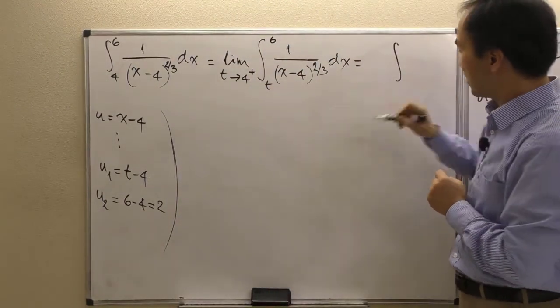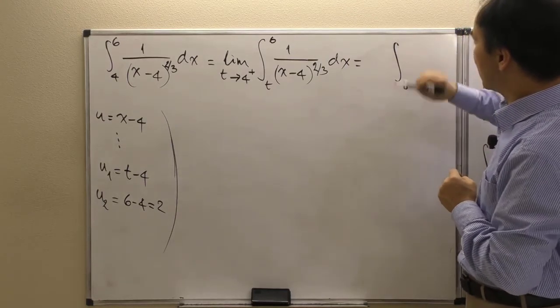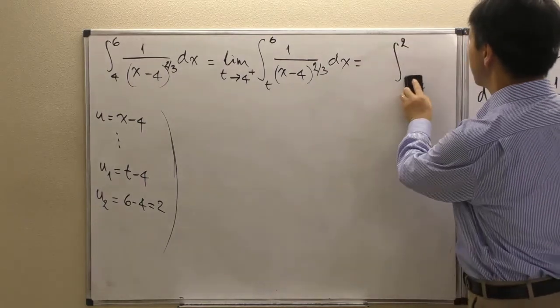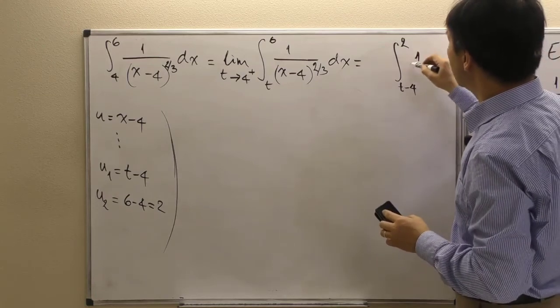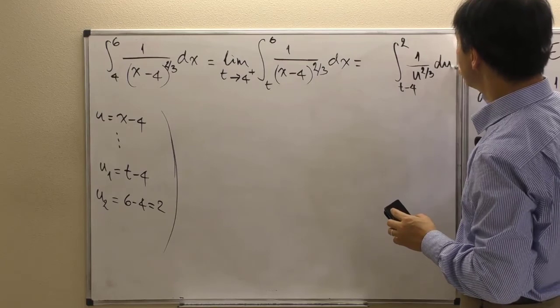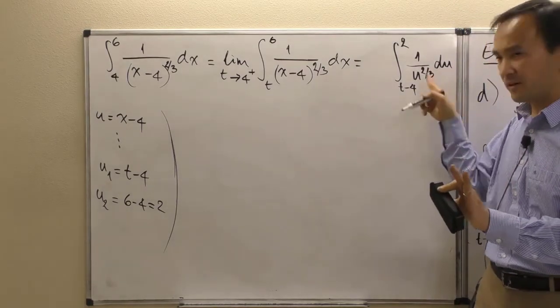so this bottom limit here is t minus 4. This top one here is 2. And our integral looks as follows: 1 over u to the 2/3, times du, because again, very same argument from the earlier work.